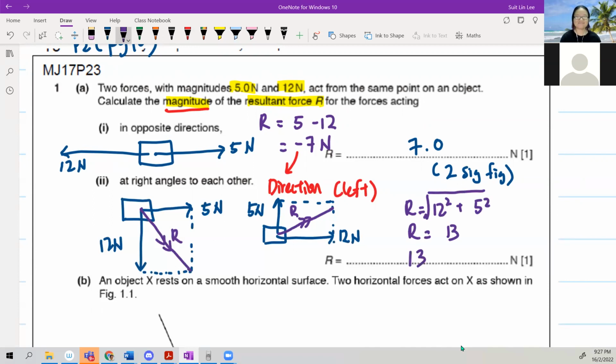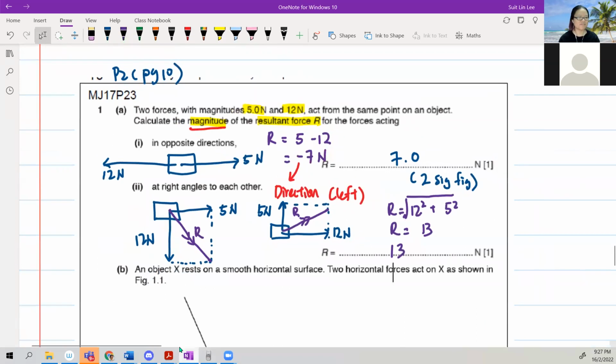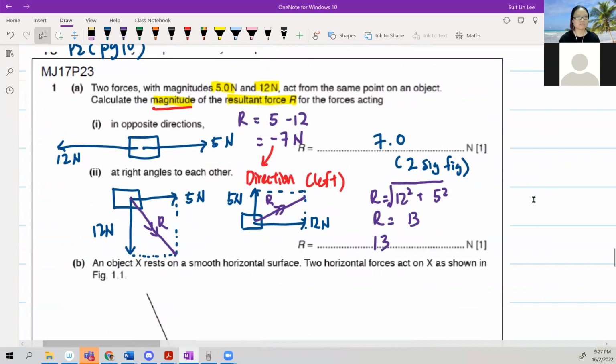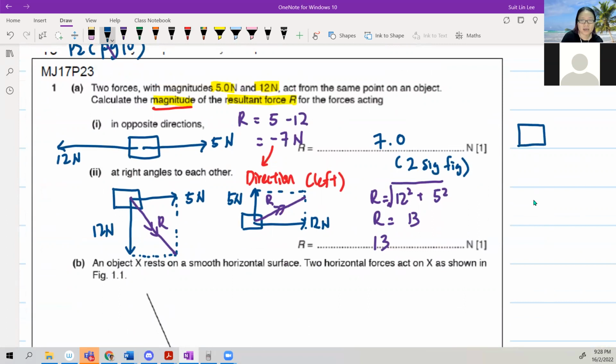5, 12, 13. Okay? So in other words, if I think about this, let's say for example, I have an object like this scenario. So I have a box like this. And I have 2 forces. Let me start with 5 as the anchor.